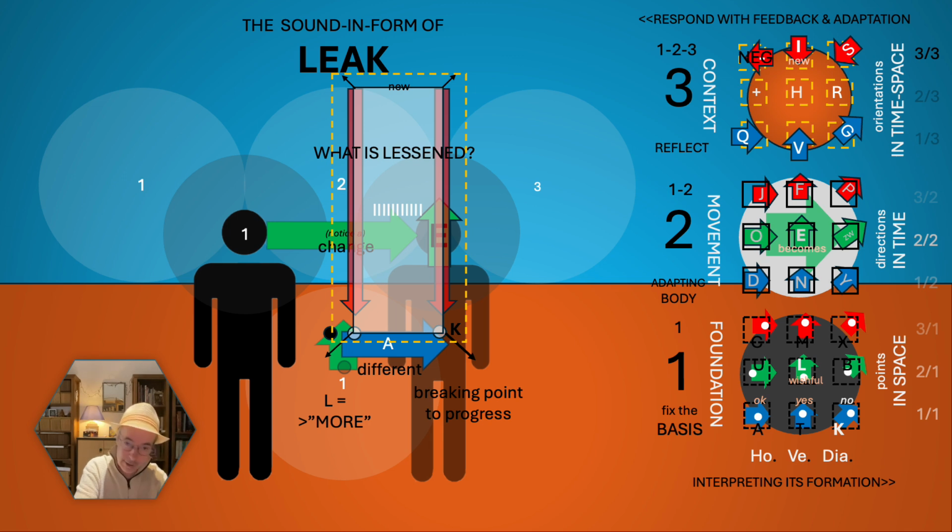When I have this structure and I also add the formation process itself to it and make it even more clear, it will also be clear how much this will fit to leak. But first I define here that the E is at the same time the highlight, and the K is the breaking point.